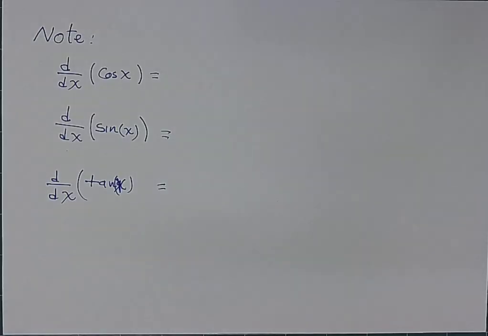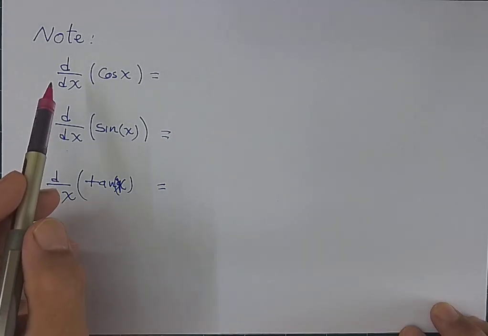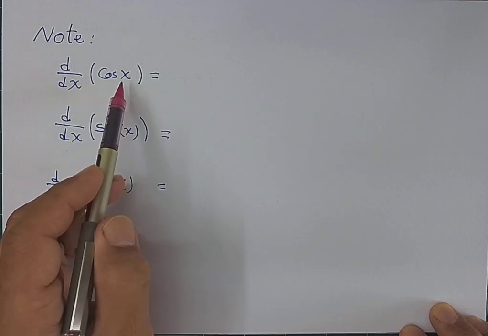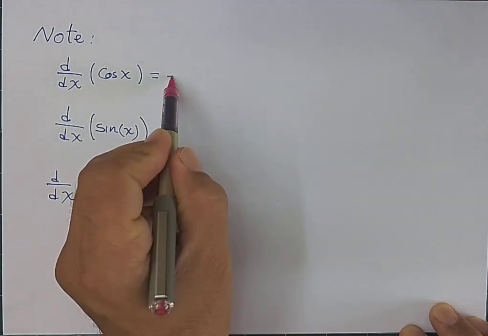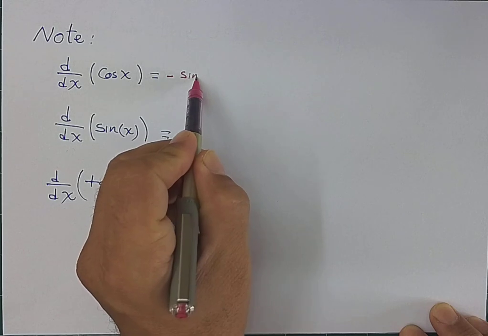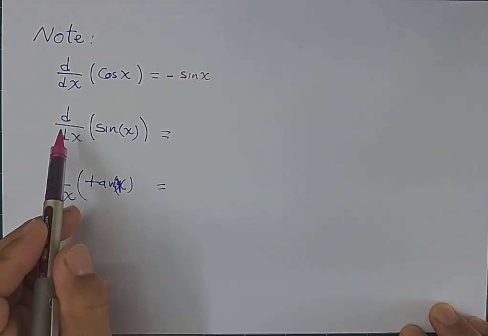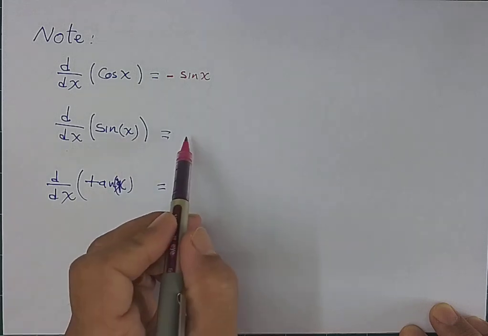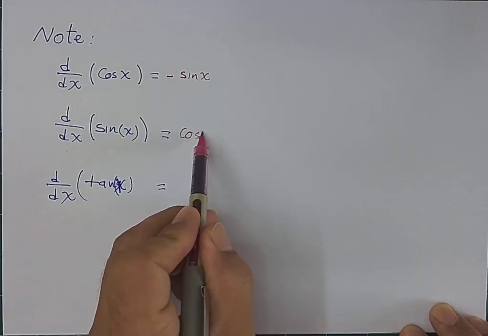Here we have, first of all, a note about how we can differentiate some functions. For example, d/dx of cosine x equals minus sine x. The second one, d/dx of sine x equals cosine x.